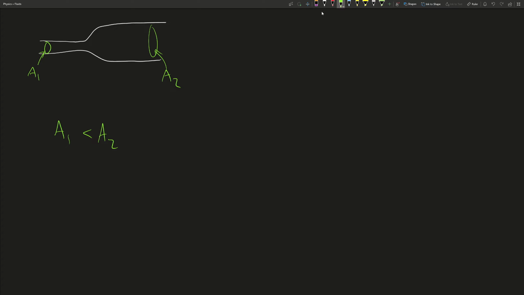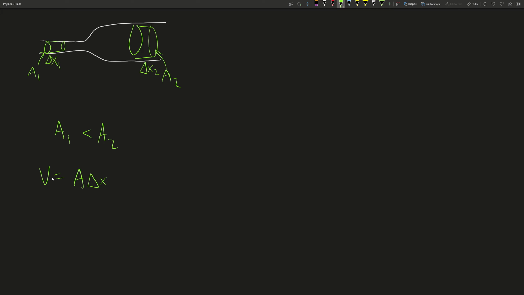But then we know that volume is equal to area times this distance. So this is the length of this cylinder of fluid. So we can call this change in x1 and then change in x2.